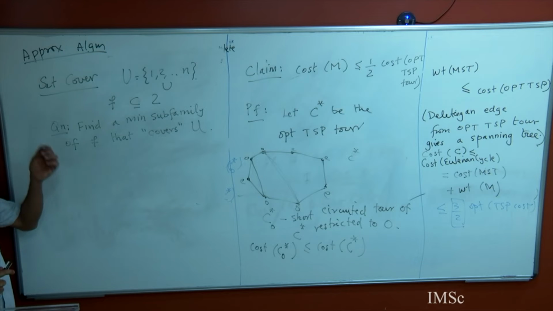So we saw that this generalizes several covering problems, in particular vertex cover. And the best known approximation algorithm for this is the greedy approximation, which works for vertex cover also. So what is the greedy algorithm?